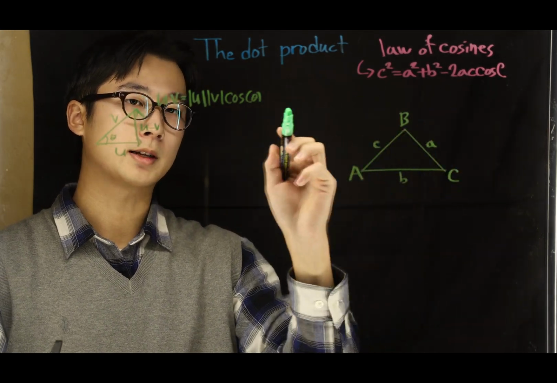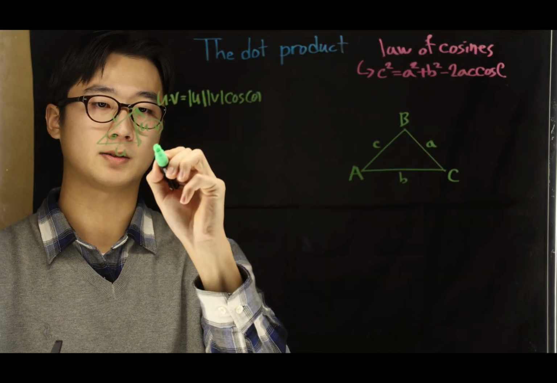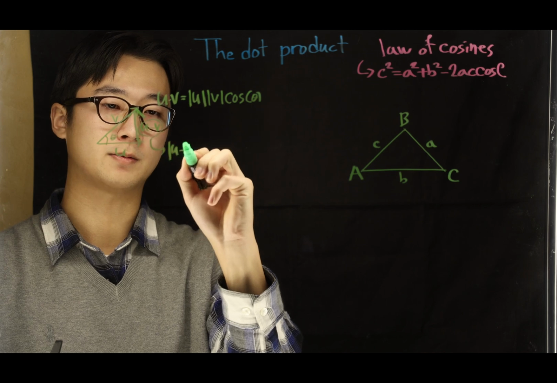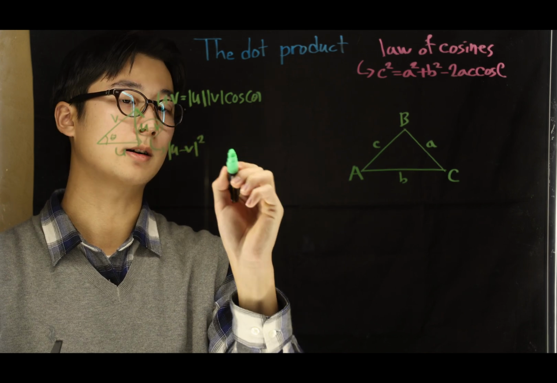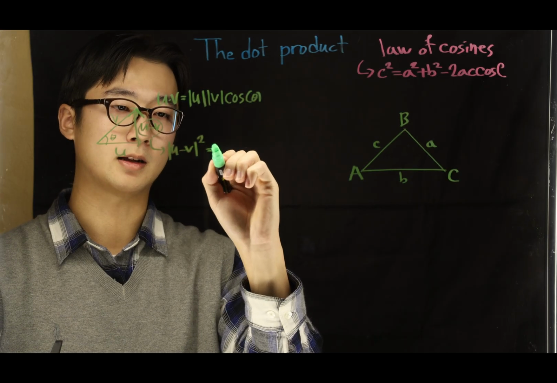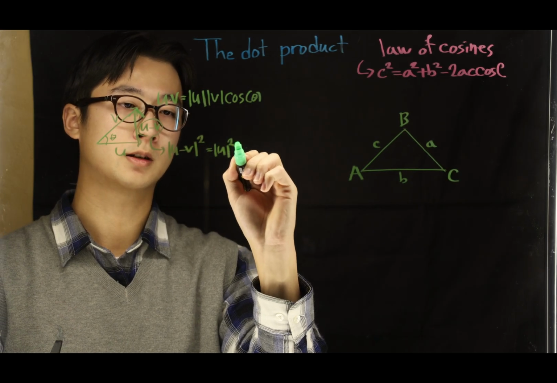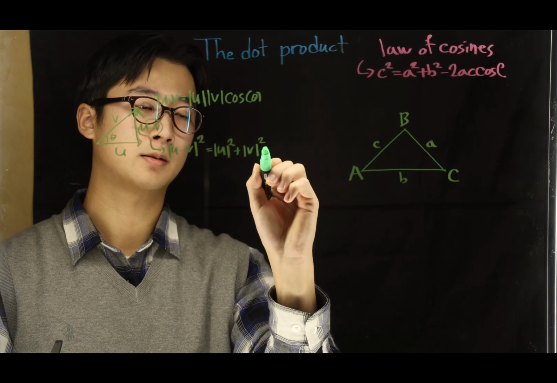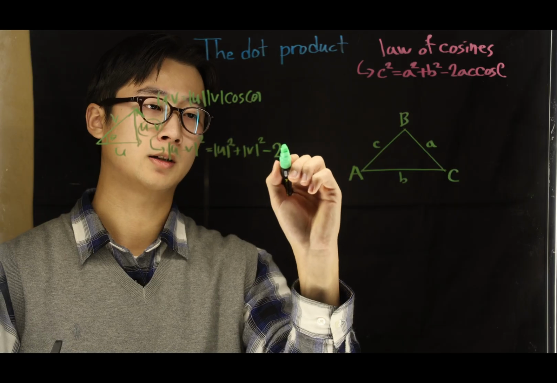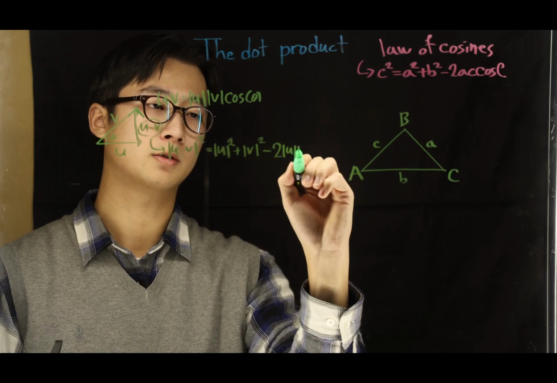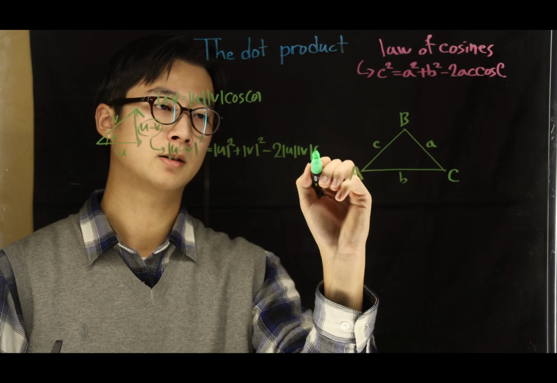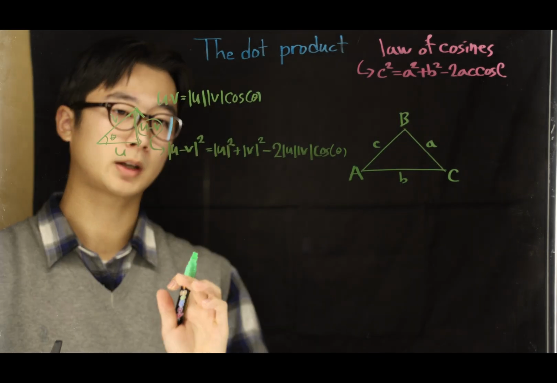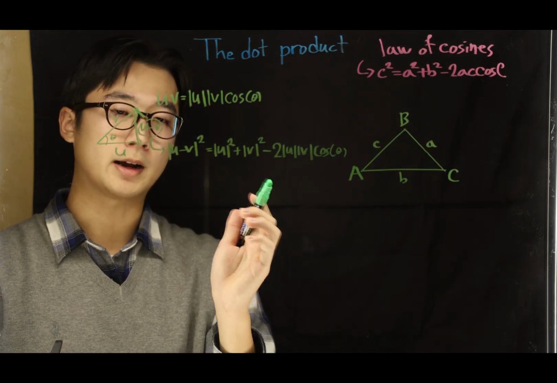Using the law of cosines, we can say the magnitude of u minus v squared is equal to the magnitude of u squared plus v squared minus 2 times the magnitude of u times the magnitude of v times cosine of theta, right?